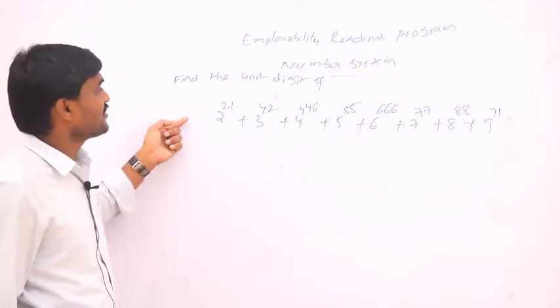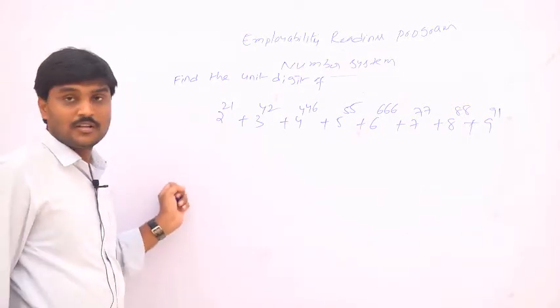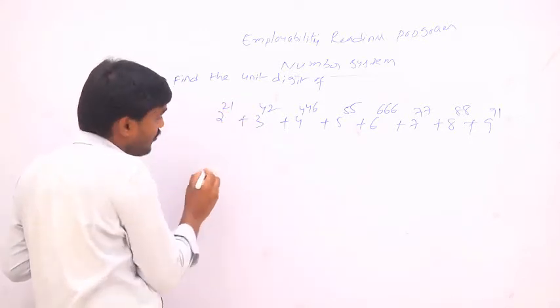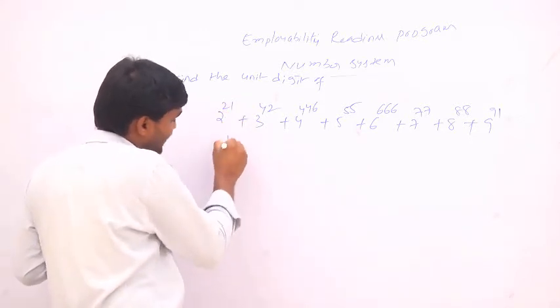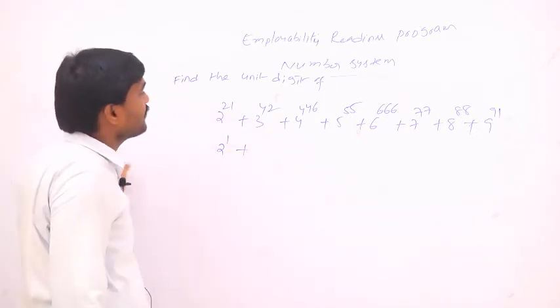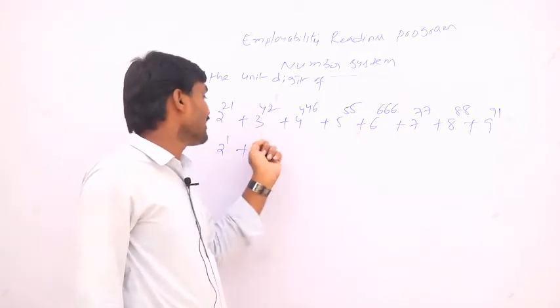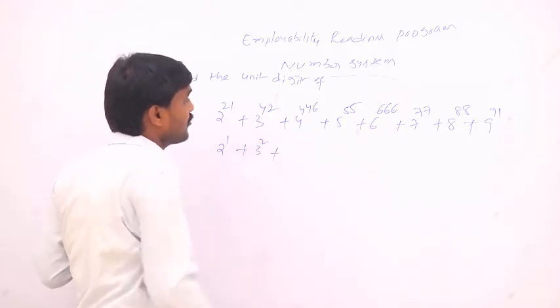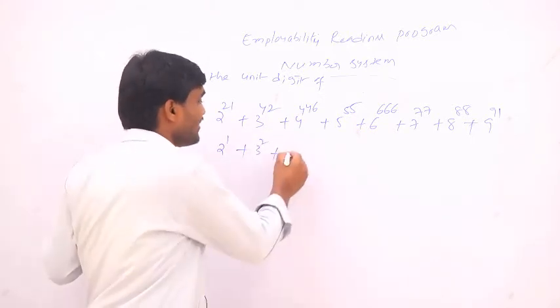For 2 power 21, divide by 4, the remainder is 1, so 2 power 1. For 3 power 42, divide by 4, 4 times 10 is 40, the remainder is 2, so 3 square, 9. Then 4 power an even number is 6.